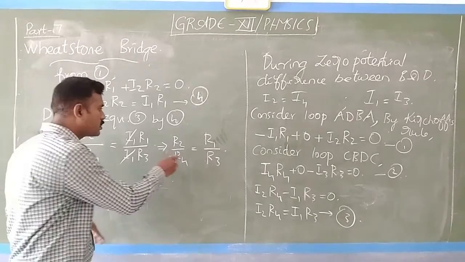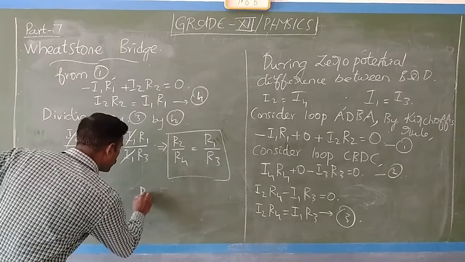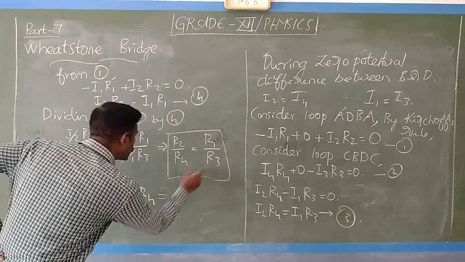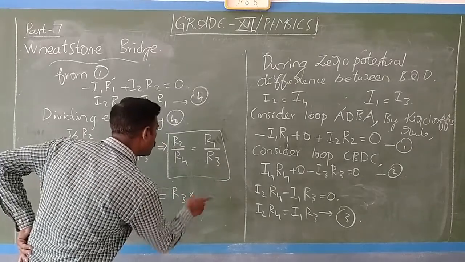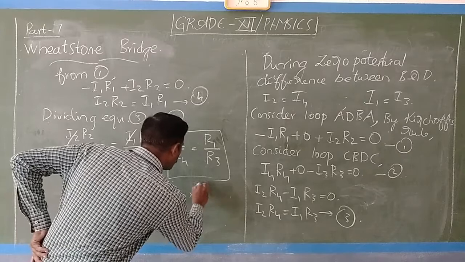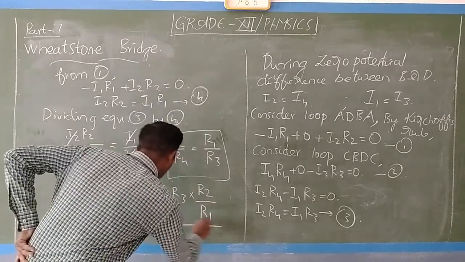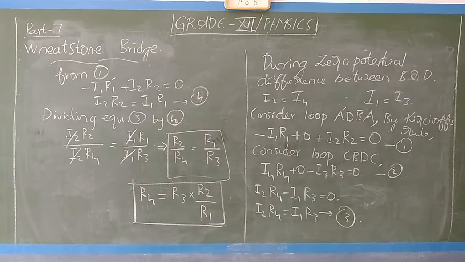So rearranging this, R4 is equal to R3 times R2 by R1. So this is the unknown value of the resistor.